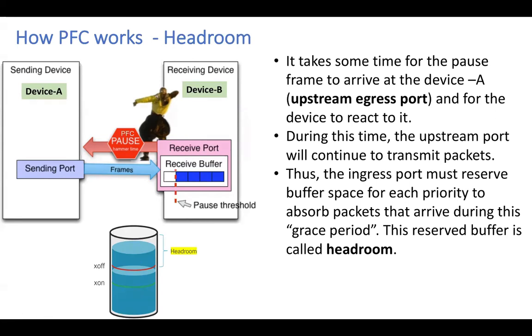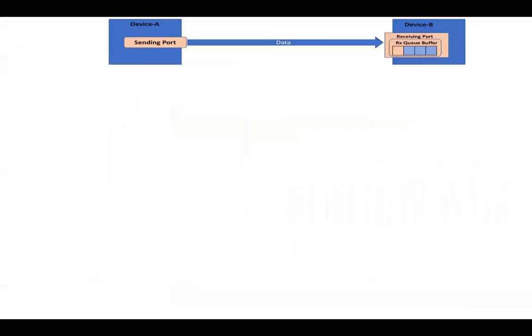Okay, at this point, we understood that when there is congestion, the device will do tail drop or take action depending on QoS configuration, right? When we enable flow control, then during congestion, the device will send a pause frame to the upstream device and the upstream device will stop sending data regardless of QoS marking.